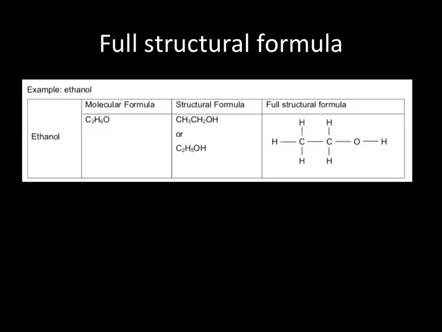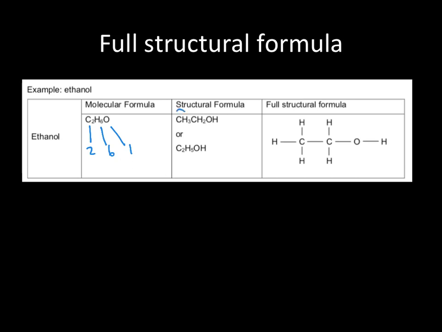Let's look at one example. Ethanol. Ethanol has a molecular formula of C2H6O, which means 2 carbon, 6 hydrogen, and 1 oxygen. The structural formula written down shows us how they are bonded to each other, but the full structural formula tells us clearly how they are bonded.